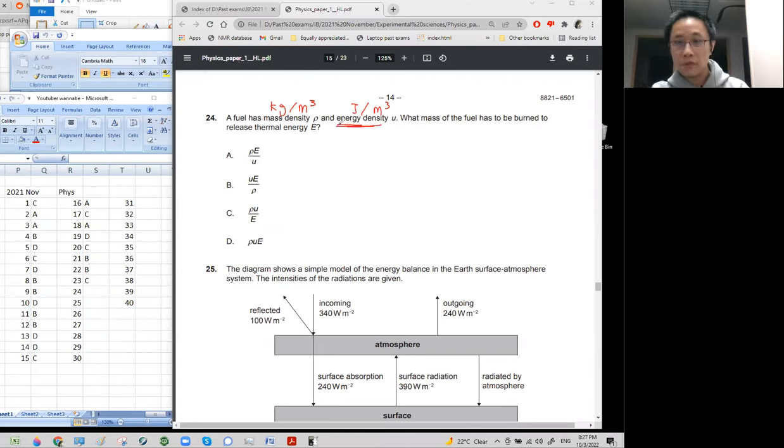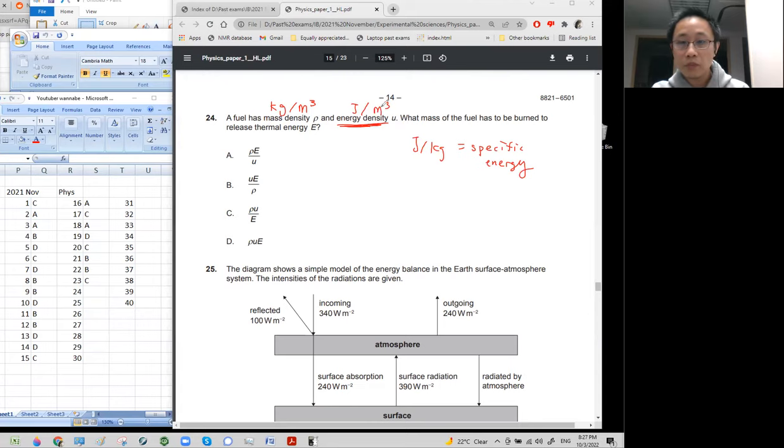You just need to remember your definitions. I think the J per kg definition is specific energy. So what mass of field has to be burned in order to release thermal energy E?